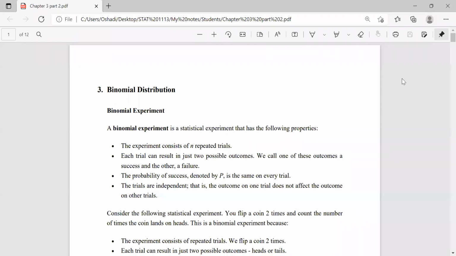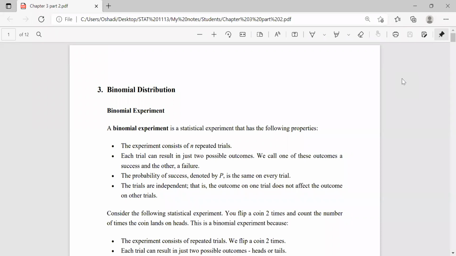So we were discussing discrete probability distributions. We discussed 3 distributions. First one is the discrete uniform distribution, the second one is the Bernoulli distribution, and the third one is the binomial distribution.